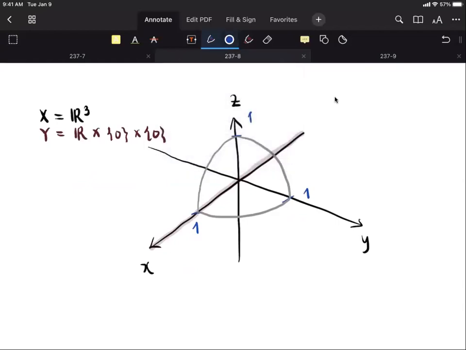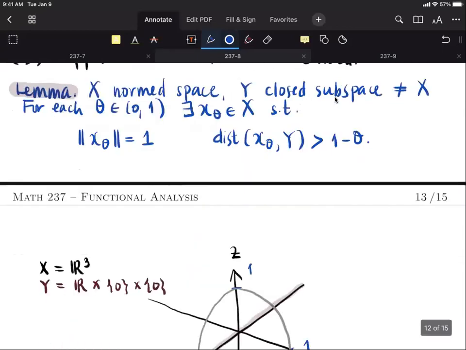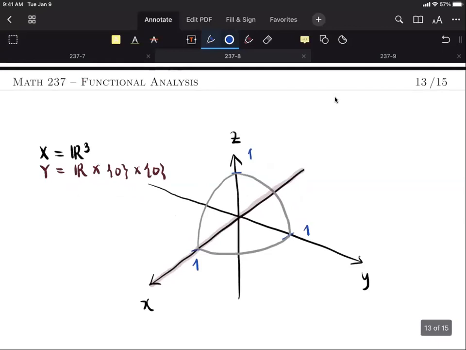Of course, we want the norm to be equal to 1. So for instance, you can take the point here so that the distance of this line segment here is greater than 1 minus theta.